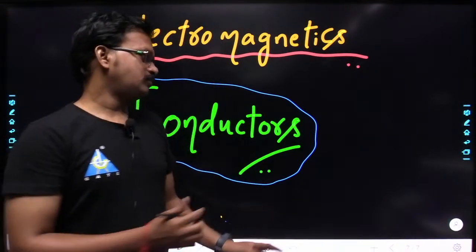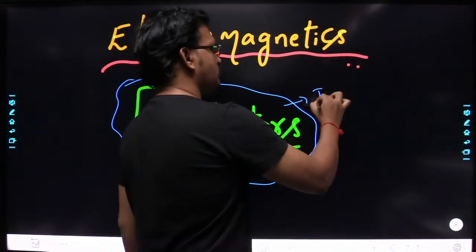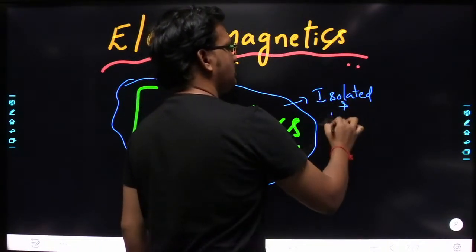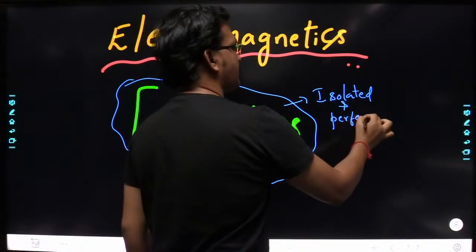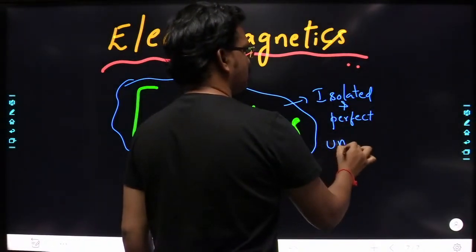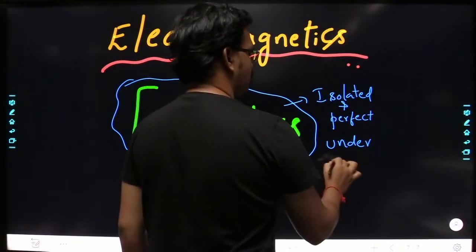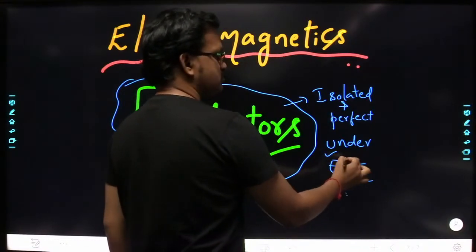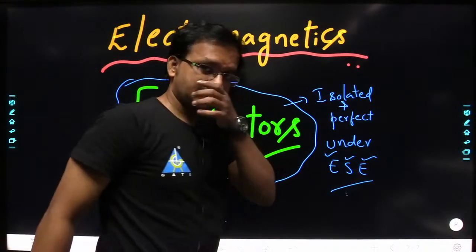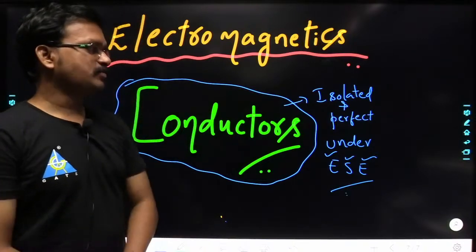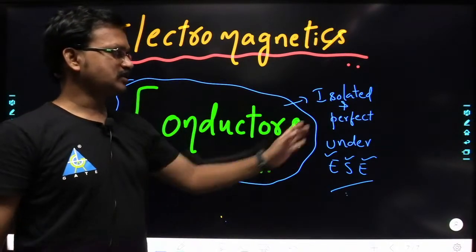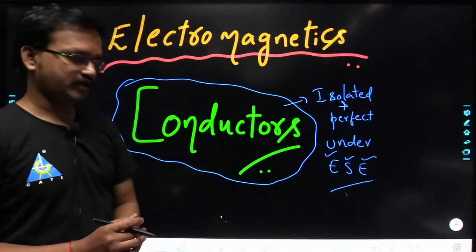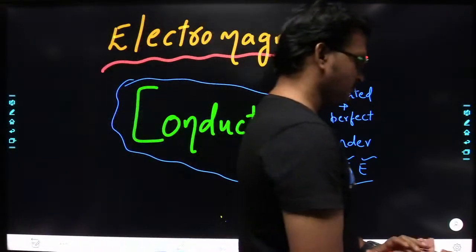That is nothing but isolated and perfect conductors under electrostatic equilibrium condition, right? So, what are the properties that we have studied here?